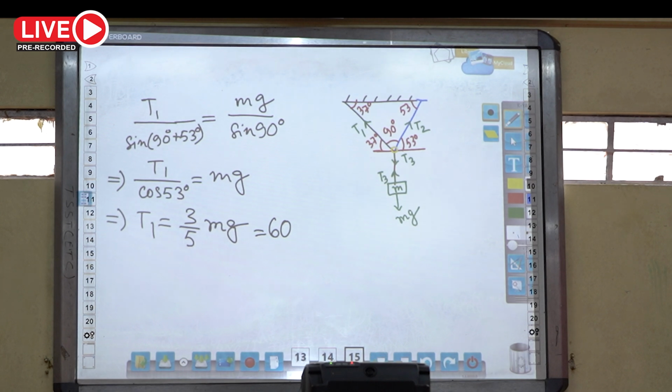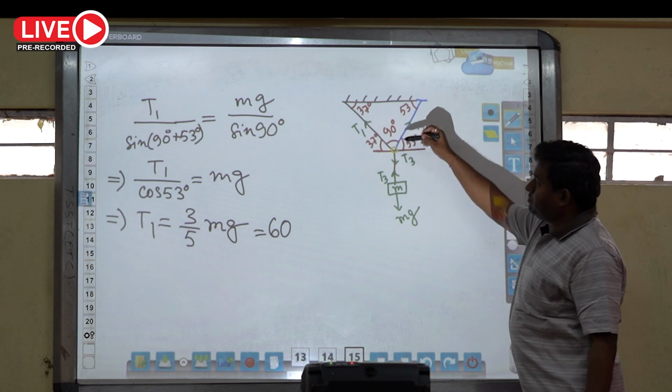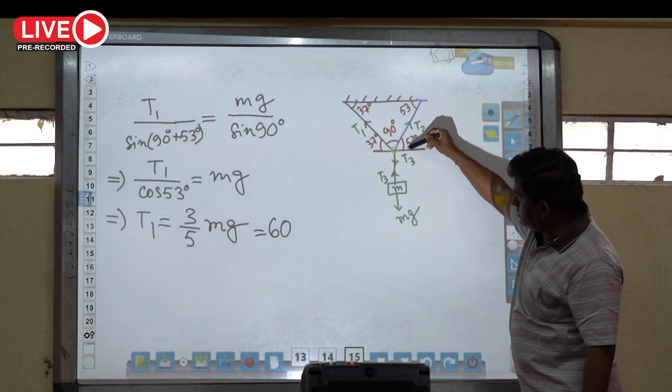Otherwise, if you do the component calculation of T1, T2, the answer will come, but after a long calculation. Directly try to apply Lami's theorem. And while you are taking Lami's theorem, in this setup, T1 its opposite angle, entire angle.